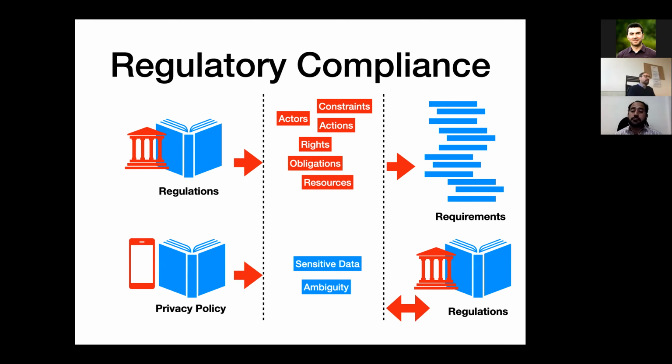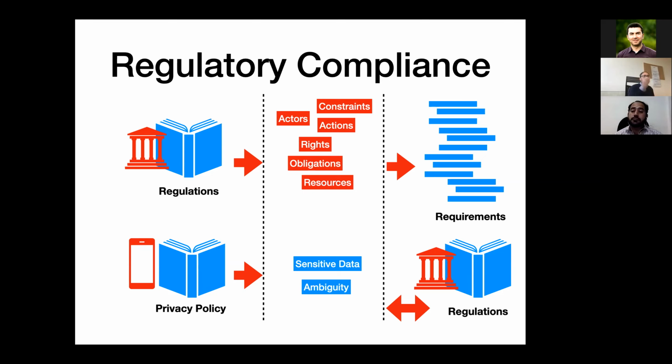It can work also the other way around. We see that there are a lot of studies about the analysis of privacy policies that come with the application, with mobile apps, and we may want to extract what type of sensitive data are collected by this type of application, or whether there is some ambiguity in these applications, and you want to check whether the privacy policy is in agreement with the regulations.